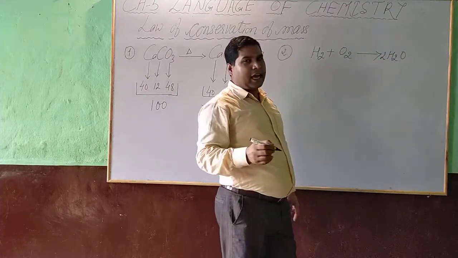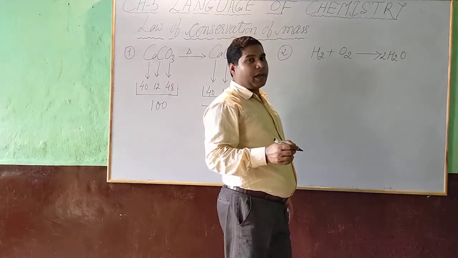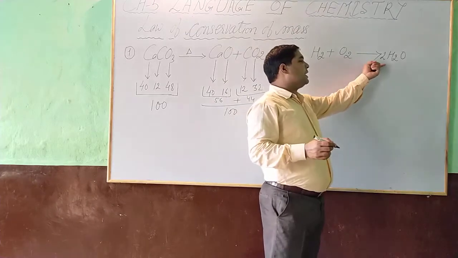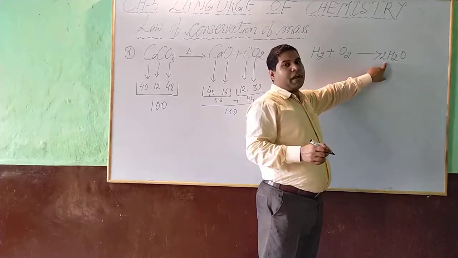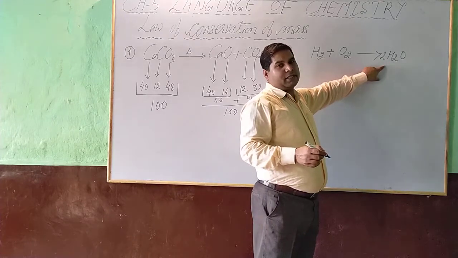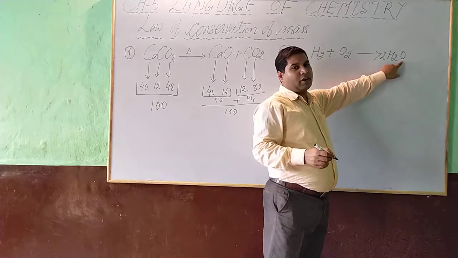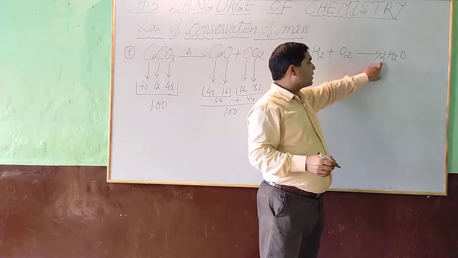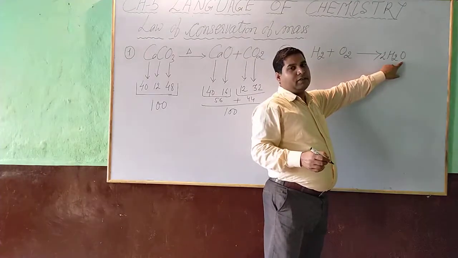Dear student, yesterday I explained to you about balancing equations. Whenever we put any number, it means that number will be multiplied with both the elements or atoms, with the hydrogen and also with the oxygen. So here now hydrogen will become 4 and oxygen will be 2.